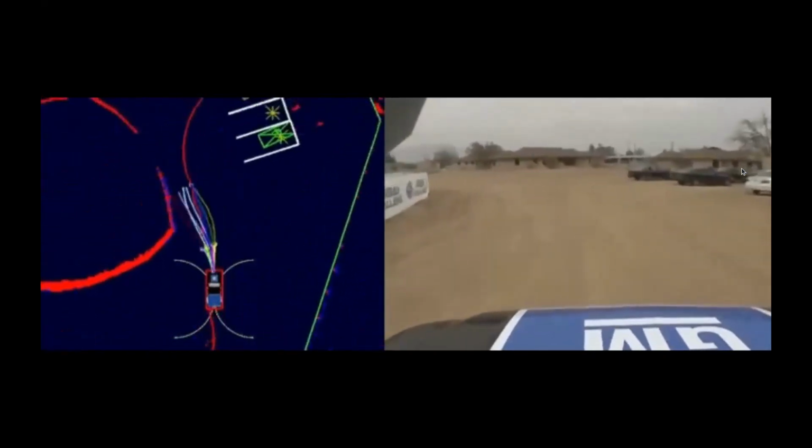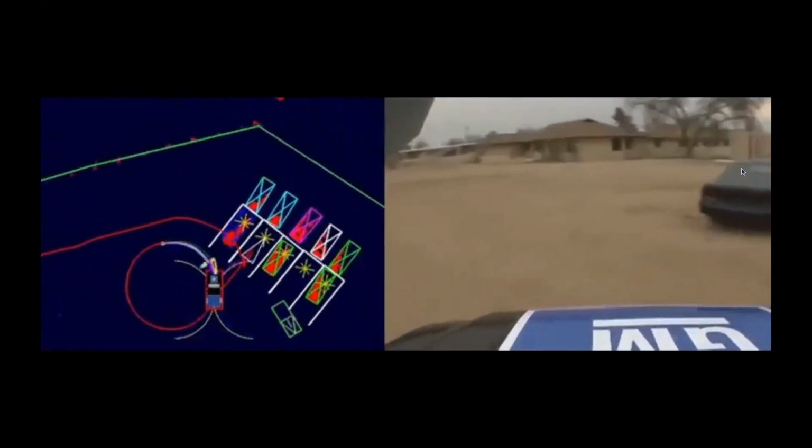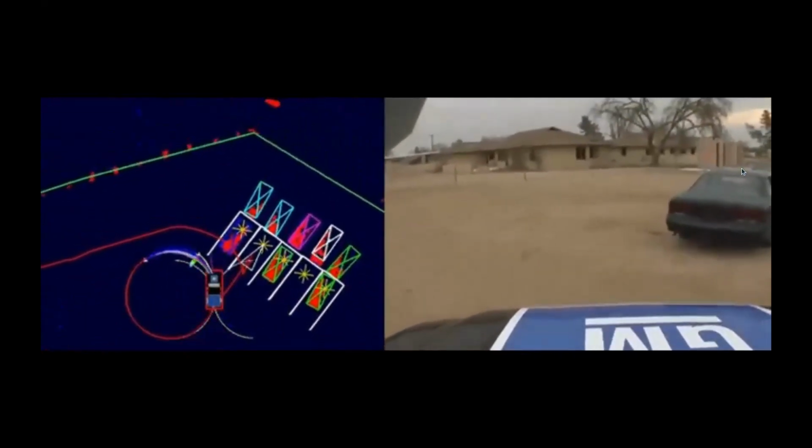Okay, and here's a great video from 2007 on how it actually looked like. And you can see a little bit what the challenge was like. So you're in this semi-urban environment where you have houses, you have other cars that are parked.